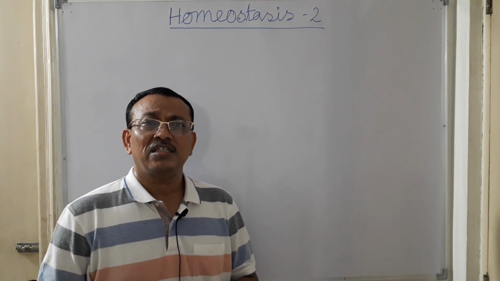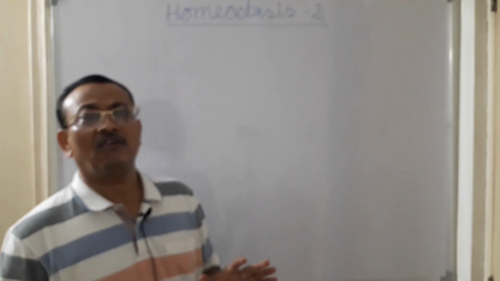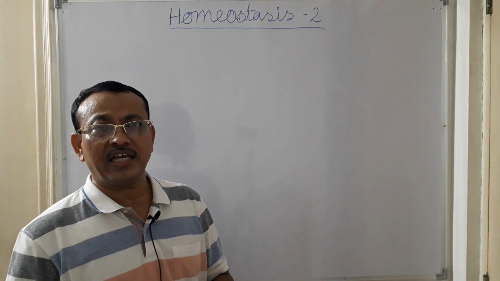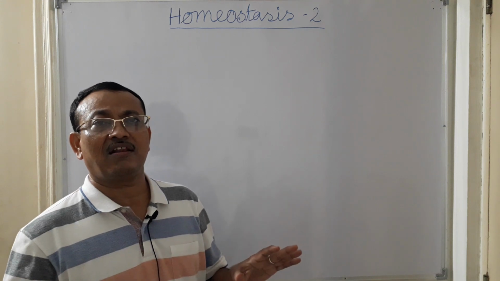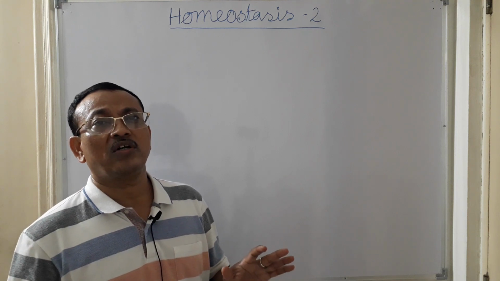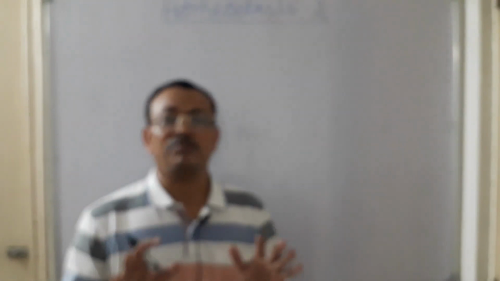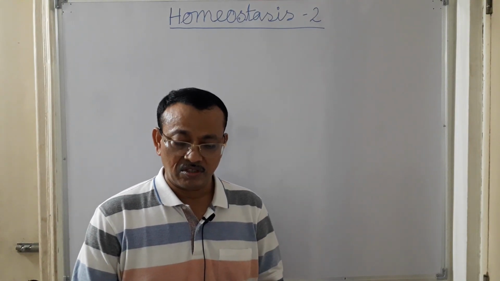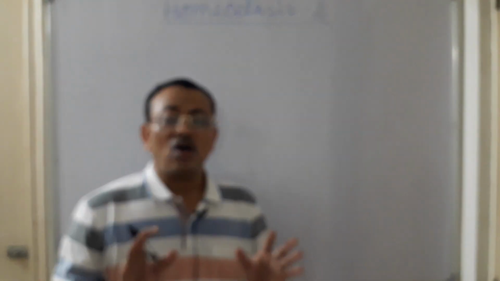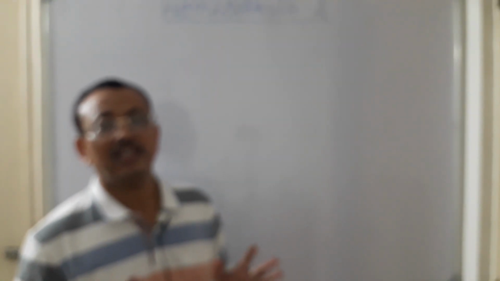So in the last video I discussed what is homeostasis, and you know now that homeostasis is the physiological mechanism by which the internal environment of the body is maintained at a constant level, so that all of the normal functions of the body are maintained without any pathophysiological changes, without onset of any diseases.